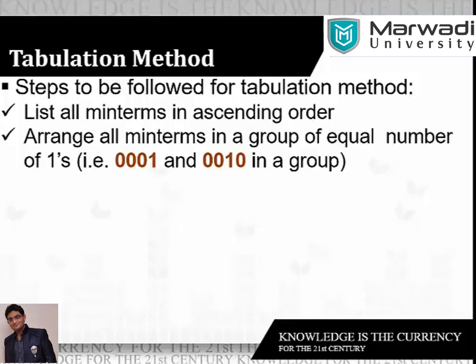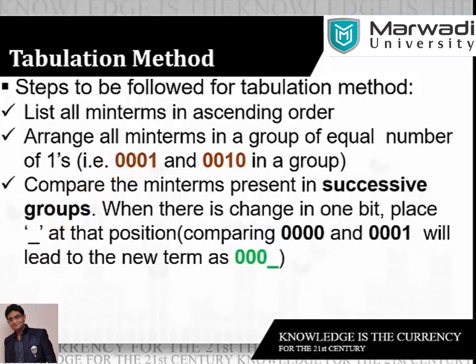For example, 0001 and 0010, that is 1 and 2 in decimal, comprise a single one in a group. Similarly, 0011, that is decimal 3, and 0101, that is decimal 5, comprising two ones, are allocated in a single group.